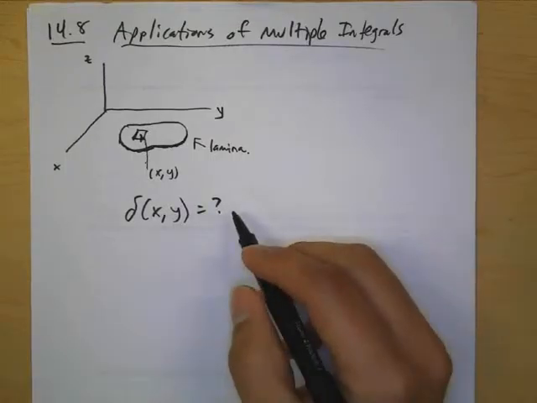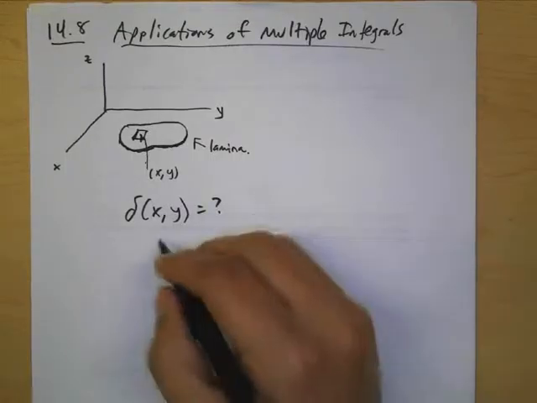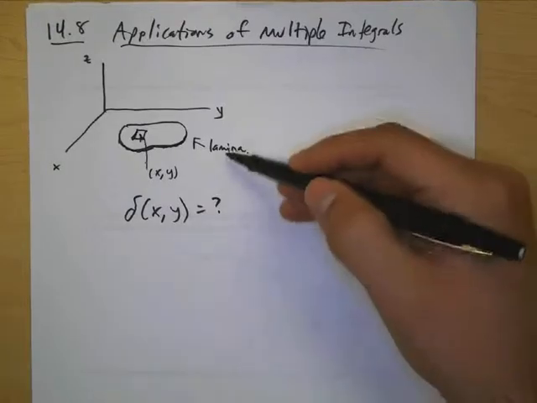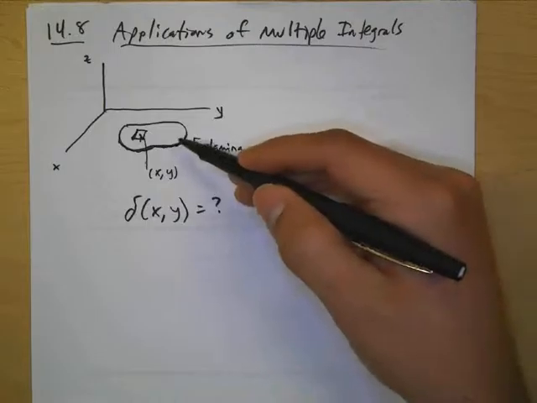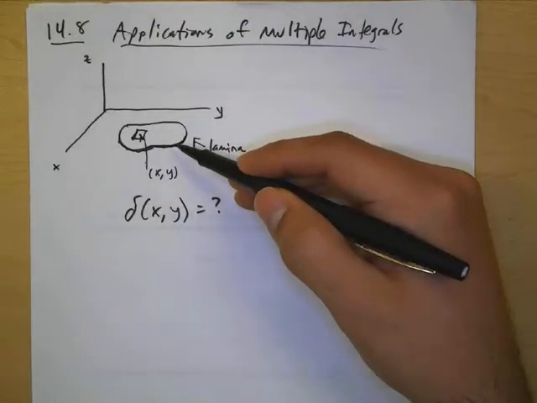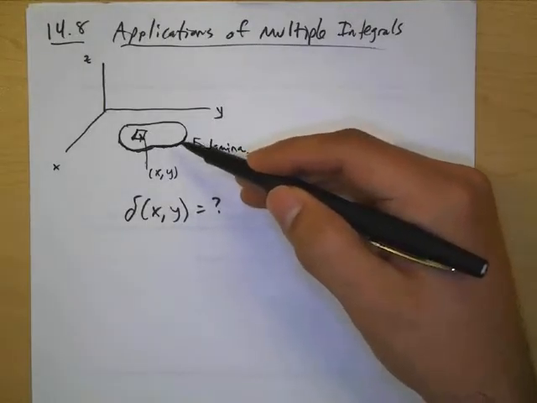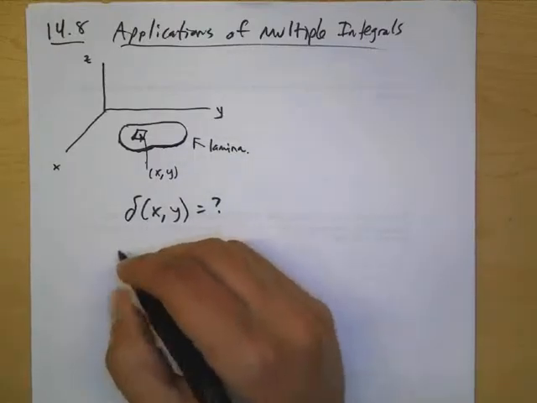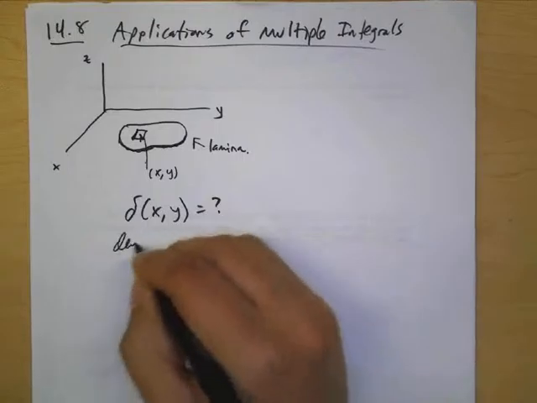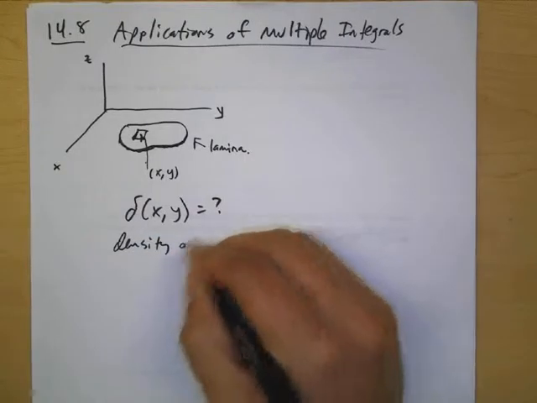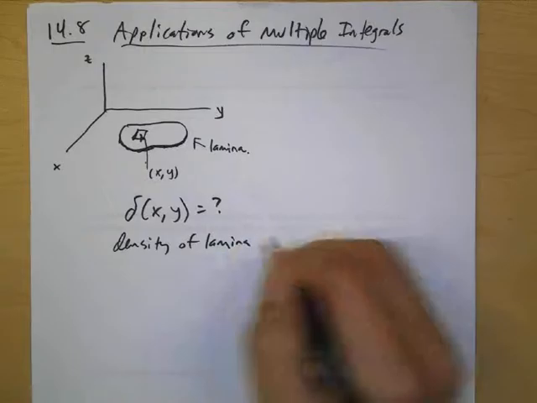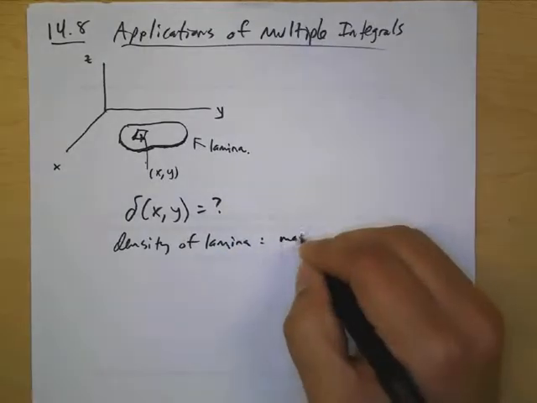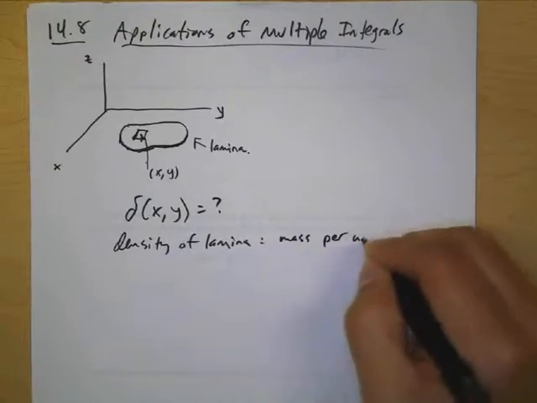So typically we know that density is what? Mass over volume. Now, since this is a lamina and its thickness is negligible, we're going to say mass over area instead. Okay? So basically, the density of the lamina will be mass per unit area.